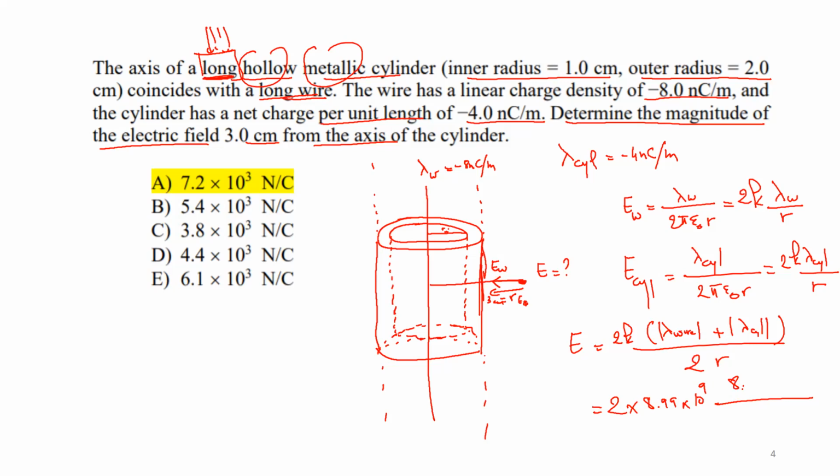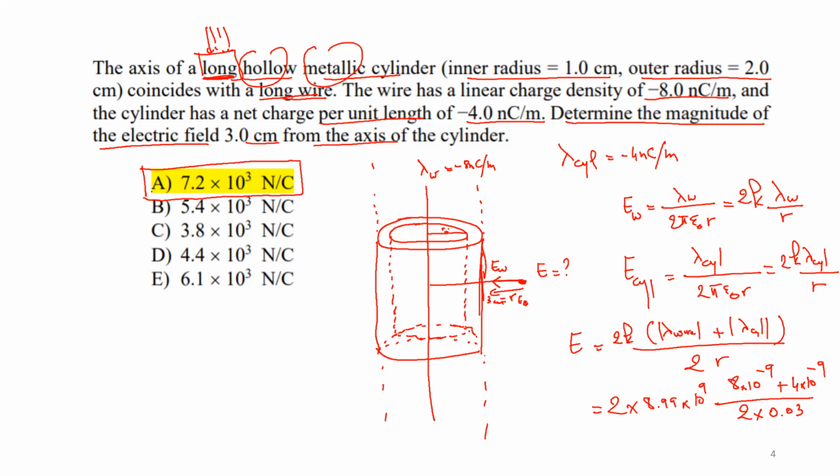So I have 8 times 10 to the power minus 9 plus, of course, 4 times 10 to the power minus 9, because I have nanocoulomb per meter, divided by r. R is equal to 3 centimeters, and this will be 0.03 meters. And you calculate this, how much do you get? Of course, you get 7.2 times 10 to the power 3 Newton per coulomb.